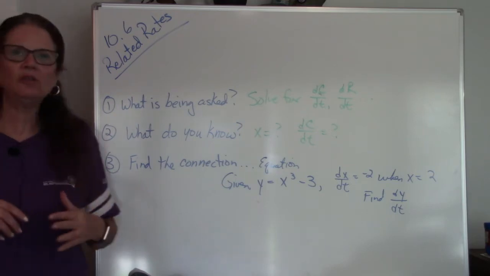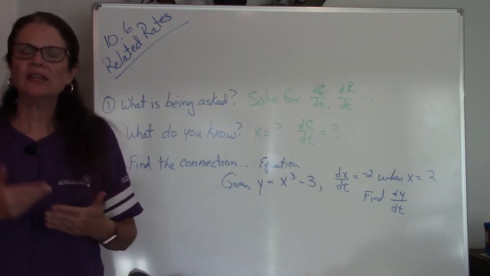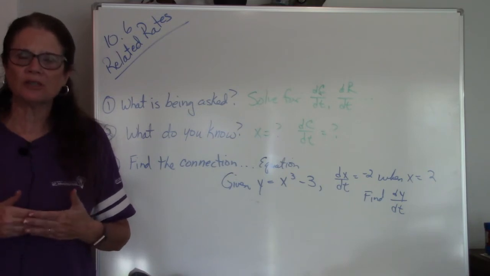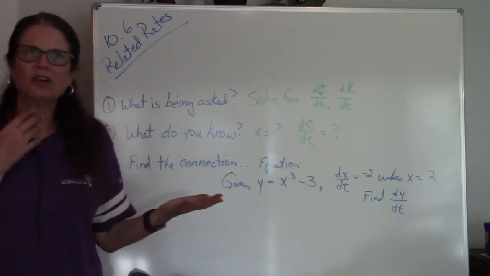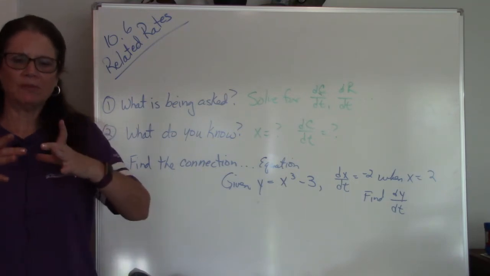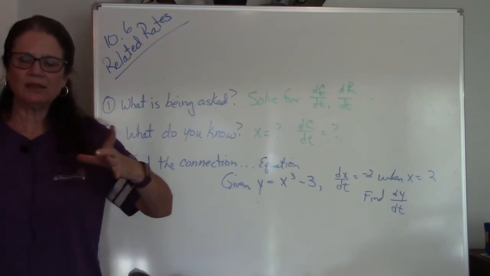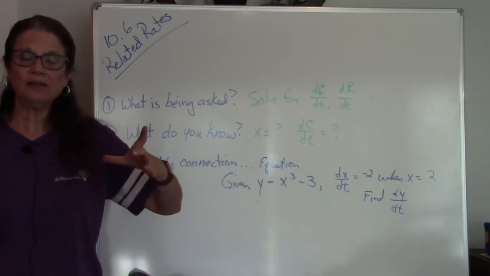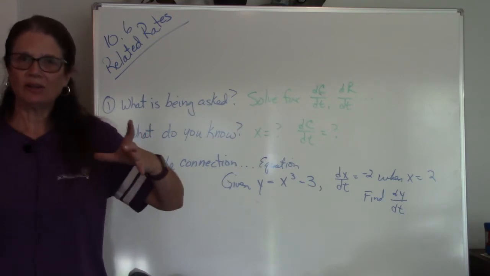And then the third thing you want to look for is, what's the connection? The connection is always going to be the equation. So for instance, in the last video, I talked about the rate that an oil spill is growing, and you want to find the area.